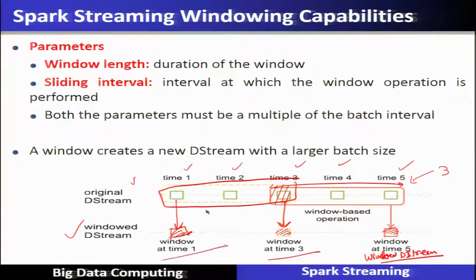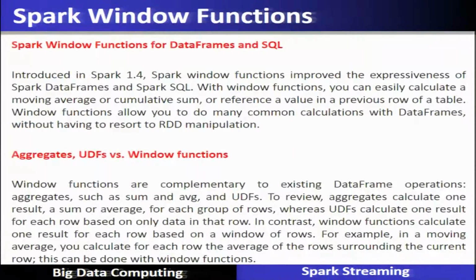The sliding interval tells when the window operation is performed. A sliding interval of size 2 will give this, and a sliding interval of size 1 will give this kind of result.